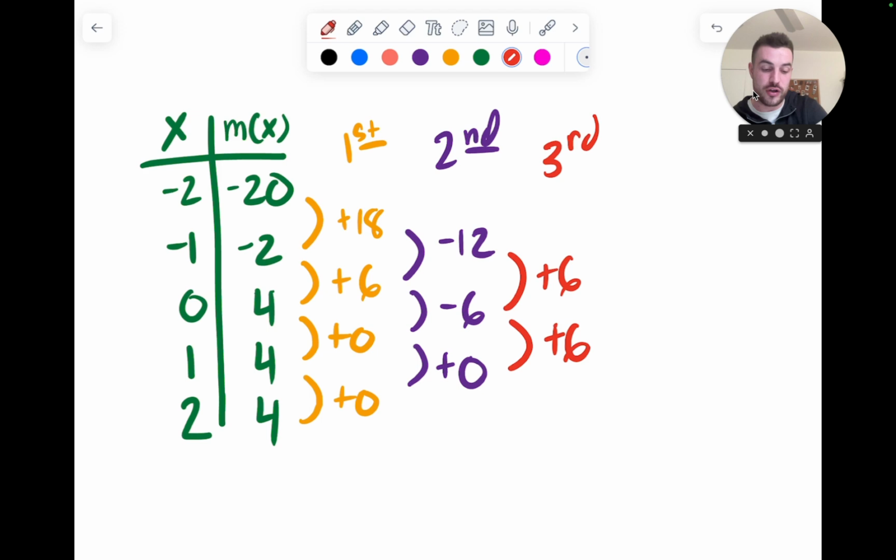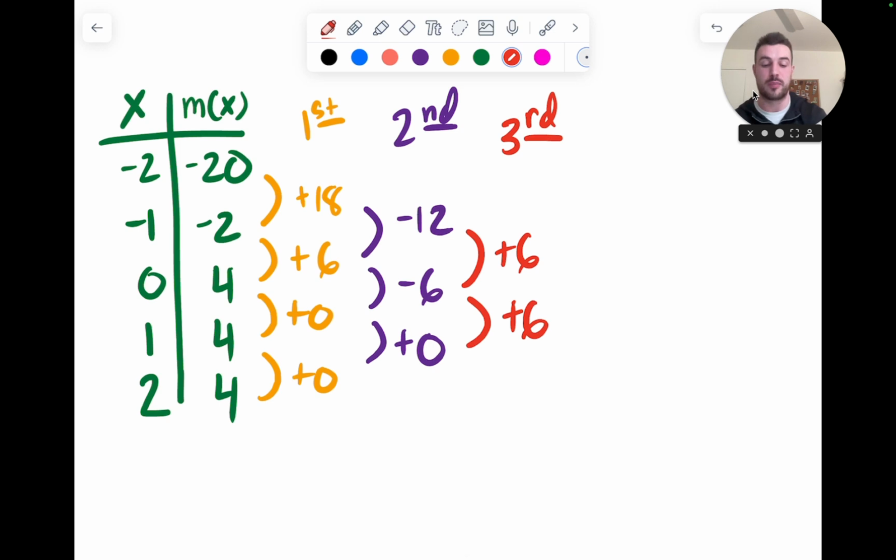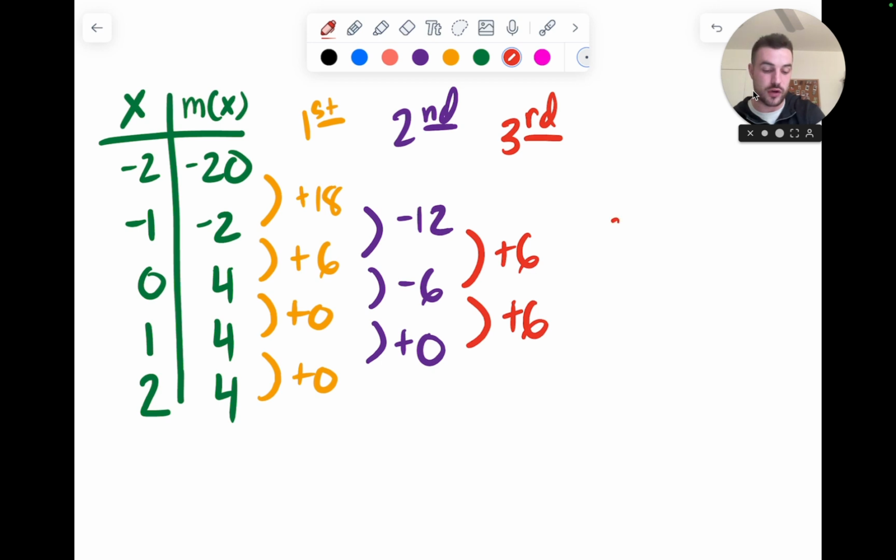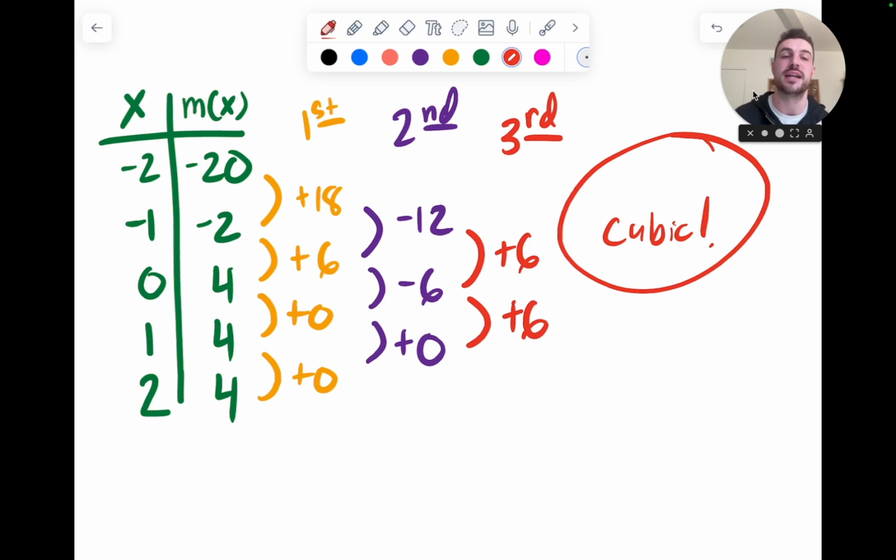So our third difference was a constant, and therefore the degree of the polynomial represented in this table is going to be 3, and therefore it is a cubic function. This is how finite differences work. You take a look at the difference, and once the value becomes constant, that tells you what type of polynomial this is going to be.